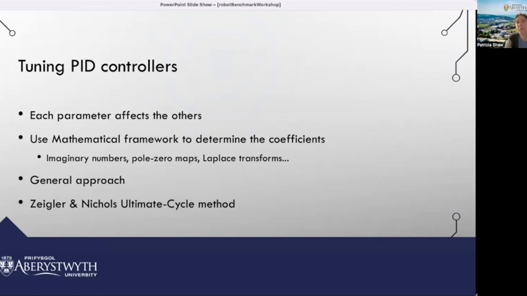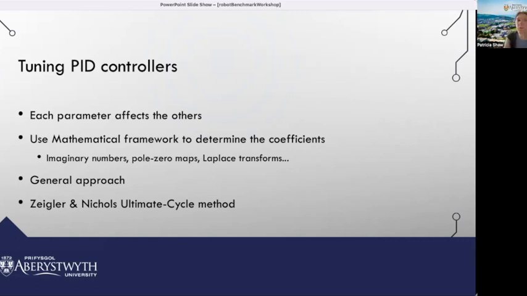Now, if you're really interested in mathematics and continue mathematics up to degree level, then you may well come across various approaches to solving a PID controller using things called imaginary numbers, pole zero maps and Laplace transforms. However, I'm not at that level of maths, and I'm certainly not going to try and cover that here.